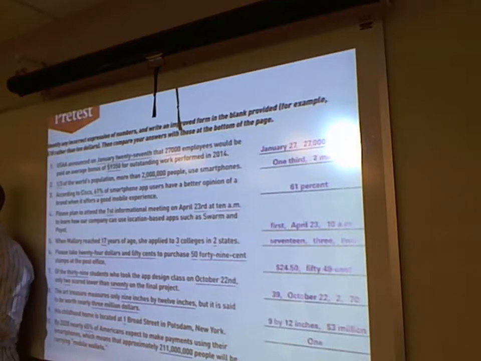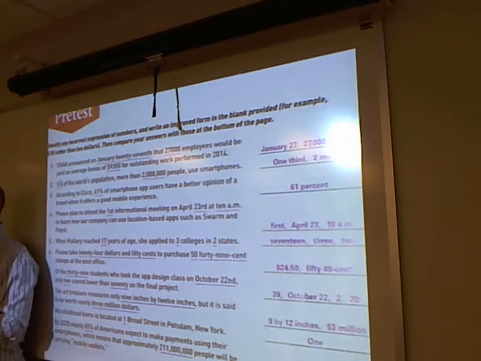Okay, then number 5: when Mallory reached 17 years of age, she applied to 3 colleges in 2 states. The first part is a little bit different. In fact, you probably will question this particular rule.